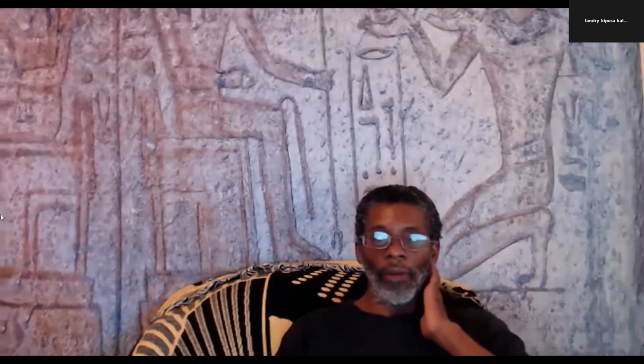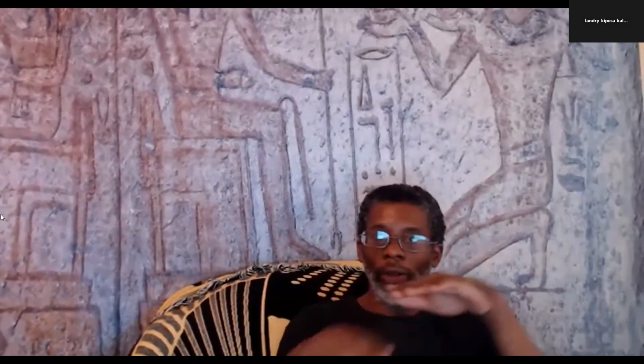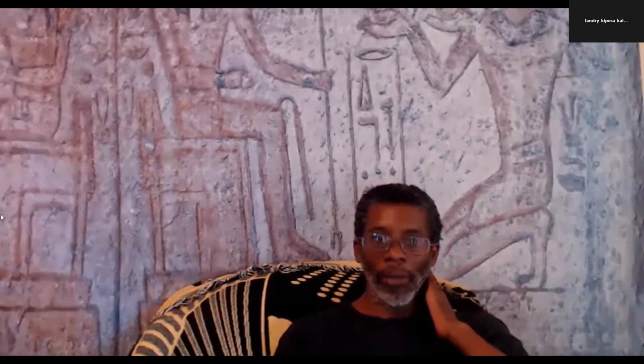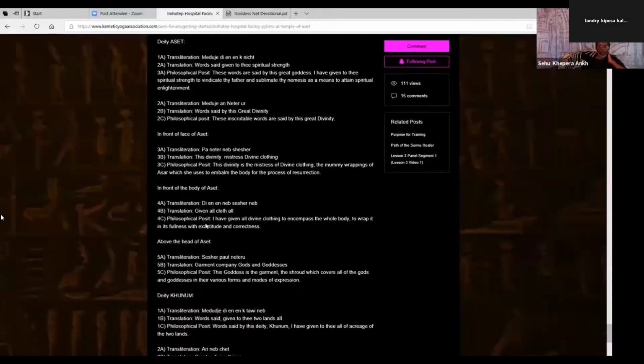Okay, I'll look for the other one for you, so you can see more clearly how they layer and interweave the linen fabric to embalm the body. That's what's being spoken of here in a mythic way.